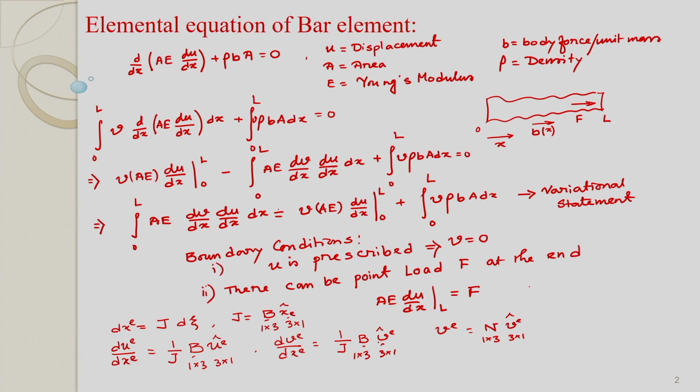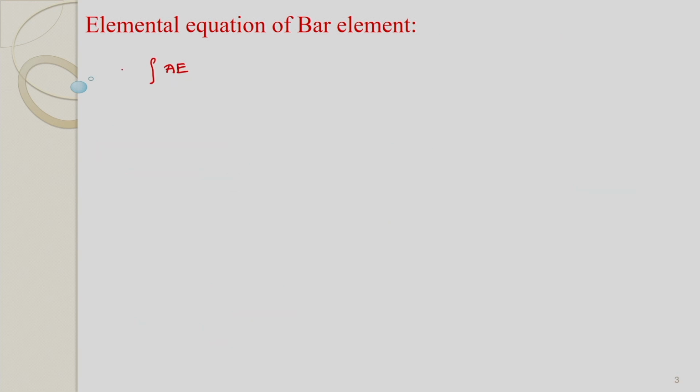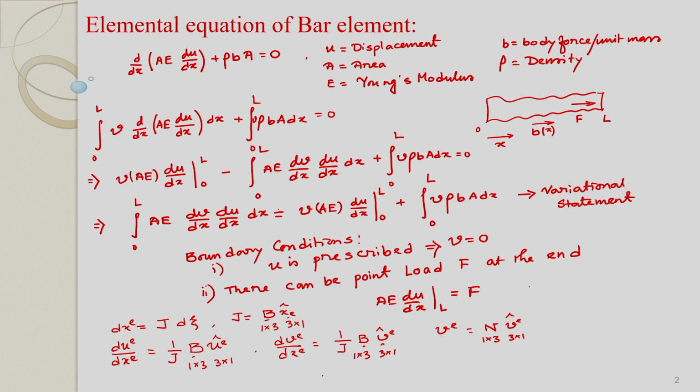So, we use the transpose notation. So, it will be, because we can write it as V e transpose B transpose also, then also it is 1 cross 3, 3 cross 1.